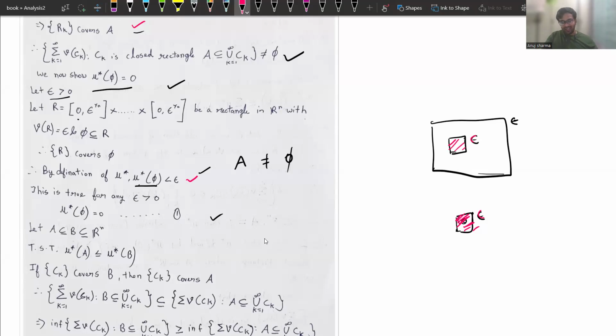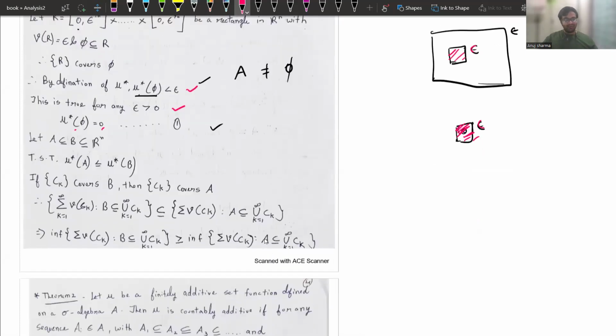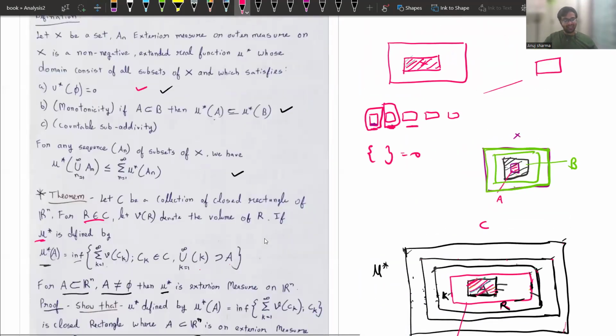So if there is a cover, the cover will cover the rectangle inside, which is less than epsilon naught, for all epsilon naught greater than zero. If this is the case, then the measure of a null set is zero. Why? Because there is nothing, no value. The measure would be zero. Correct? We proved that it has measure zero.